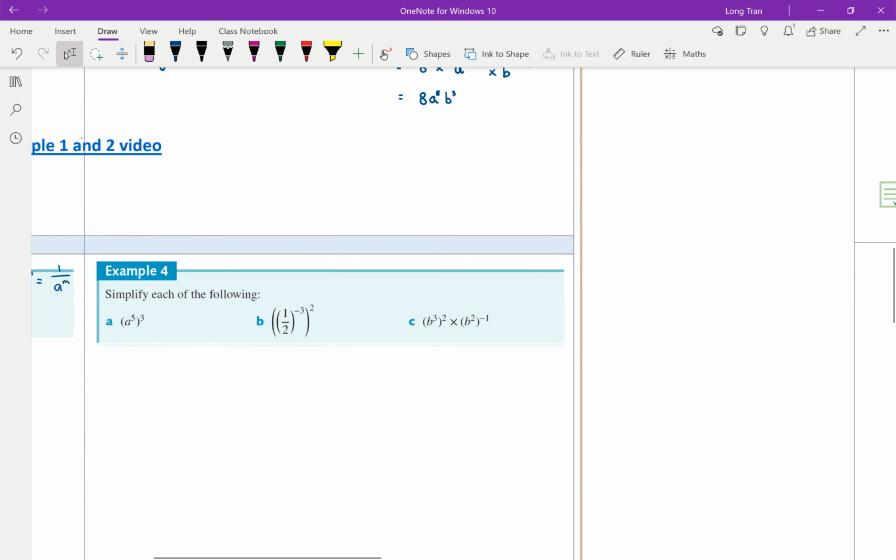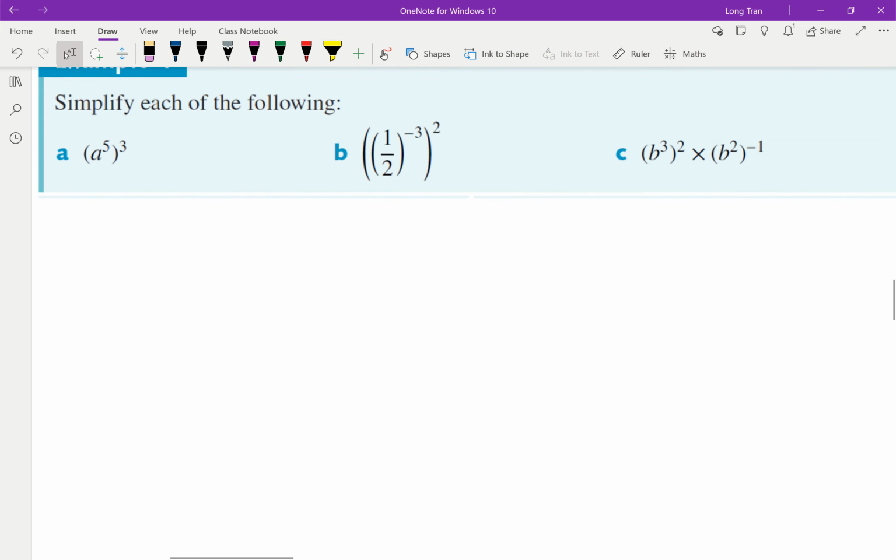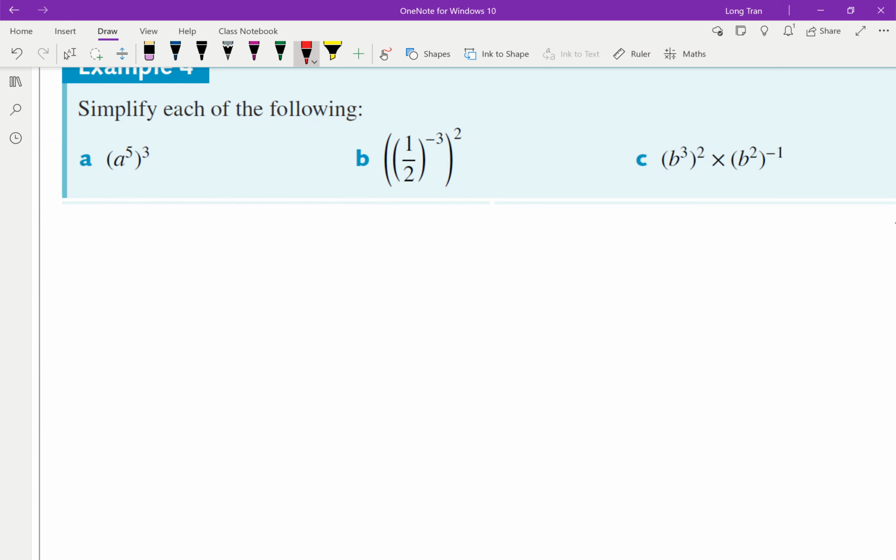All right, moving on to example 4. Looking at example 4, very similar to before, we are now combining all the rules together. So here I can say we can multiply the powers together, so 5 times the 3, and that gives me a to the power of 15. Part B, we can see that there's multiple fractions, negatives and multiple powers there.